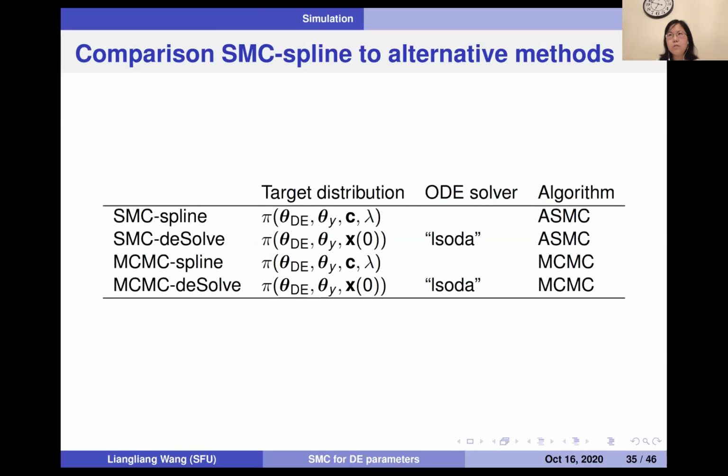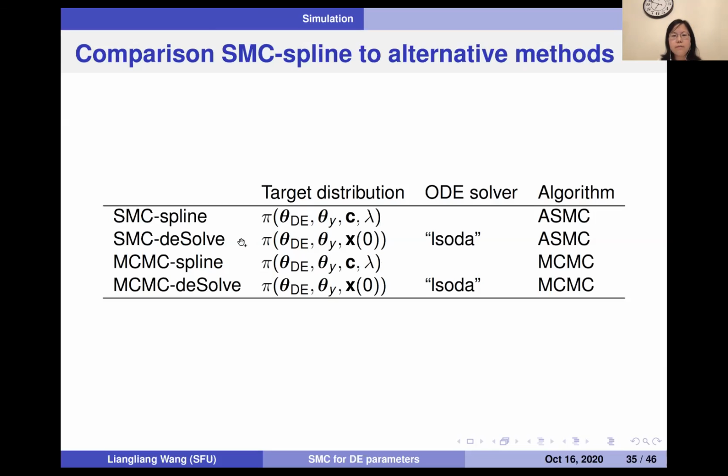As you can recall, in our SMC iteration, we use MCMC moves. So if we use the same MCMC moves, we can just implement an MCMC algorithm for the same target distribution. So we would like to see the comparison for this using the same target distribution but with MCMC.